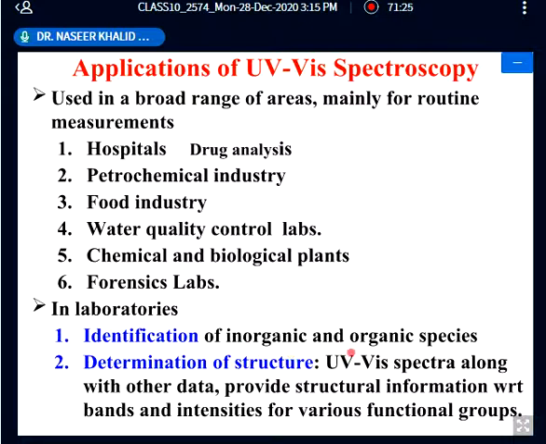Identification of the inorganic and organic species, for determination of the structure. So UV visible spectra, along with other data, provides structure information with respect to the bands and intensity of various functional groups.